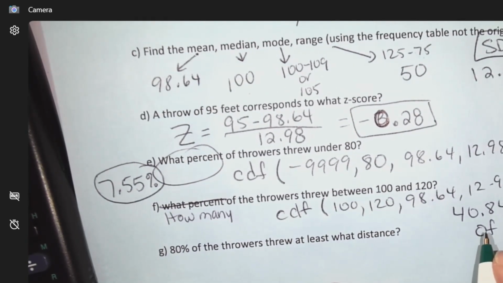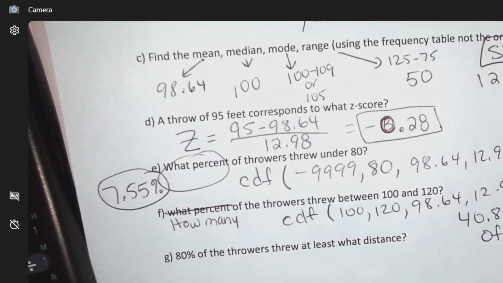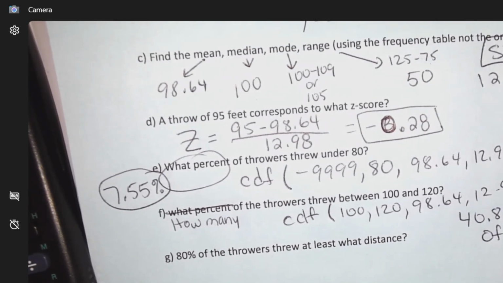So I got 40.84% of the data, then times it by the 22 people.